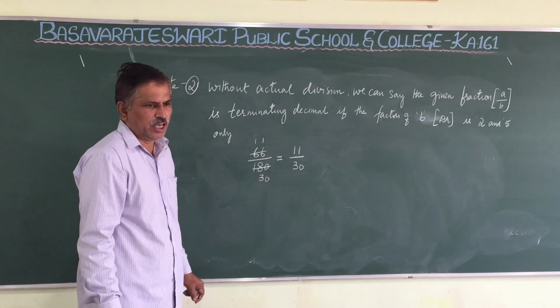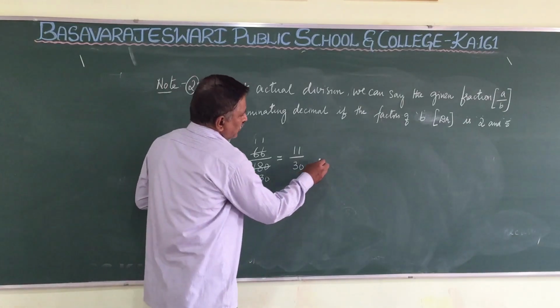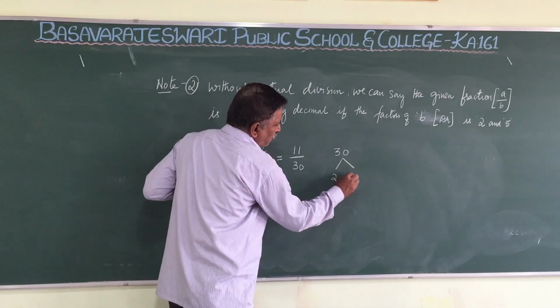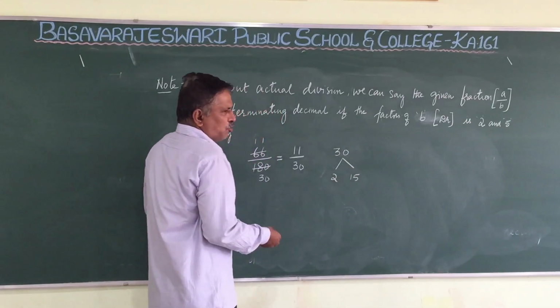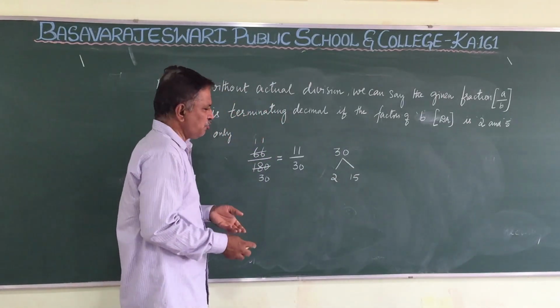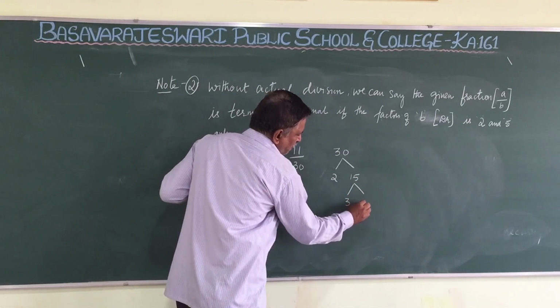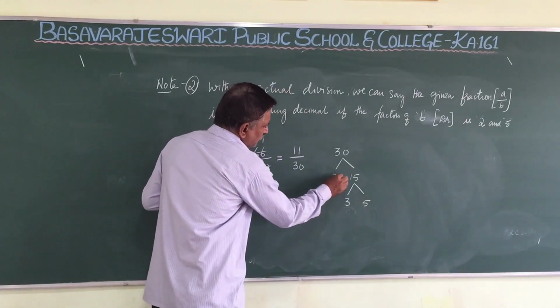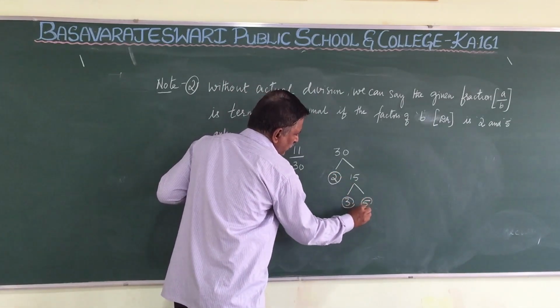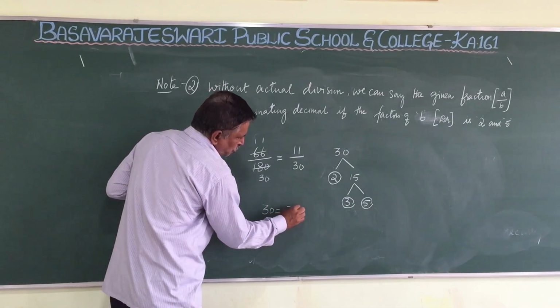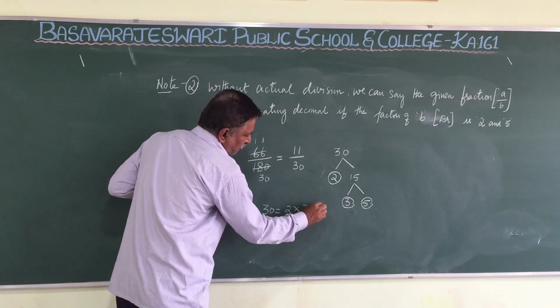Now the denominator is 30. 30 can be written as 2 times 15, or 3 times 10, either way. 15 can be written as 3 times 5. So for the denominator 30 we got the factors 2, 3, 5.